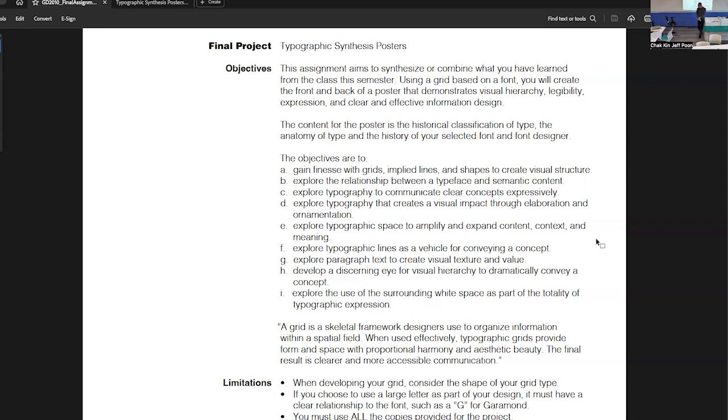No? Okay, how about transitional? What is transitional? Good job. How about modern?